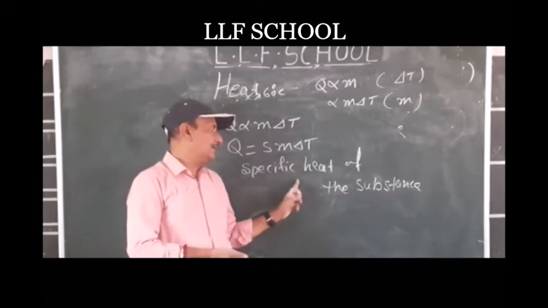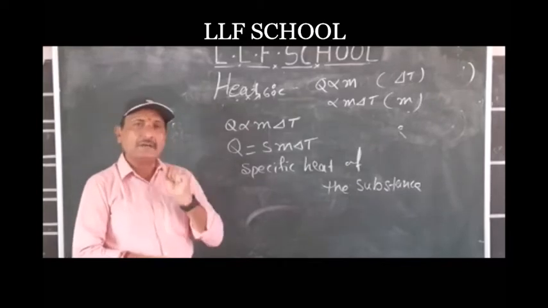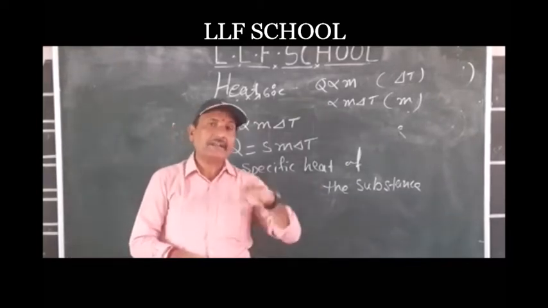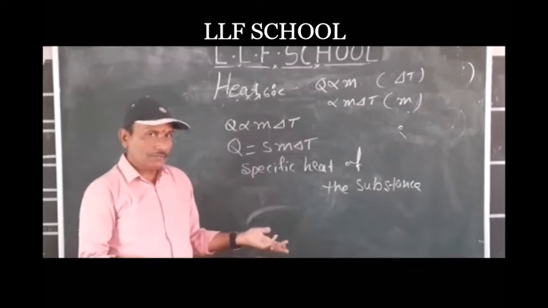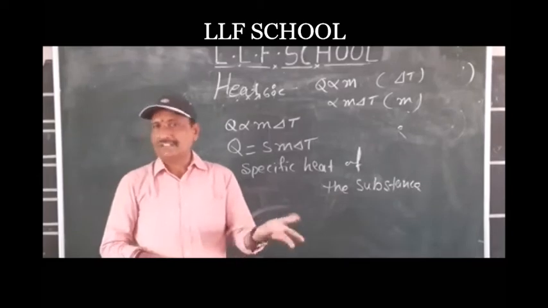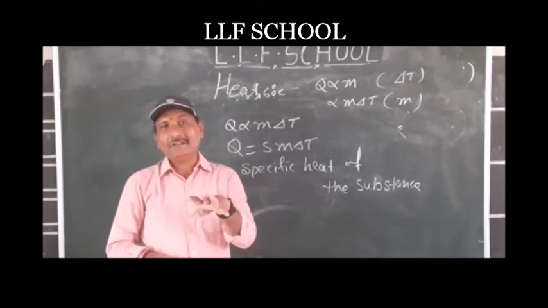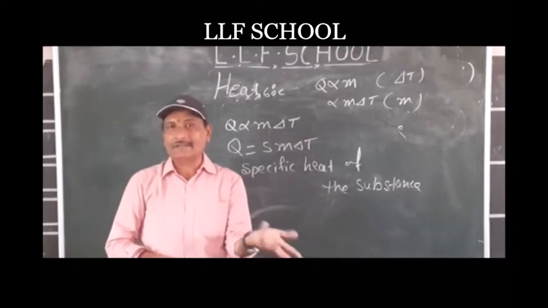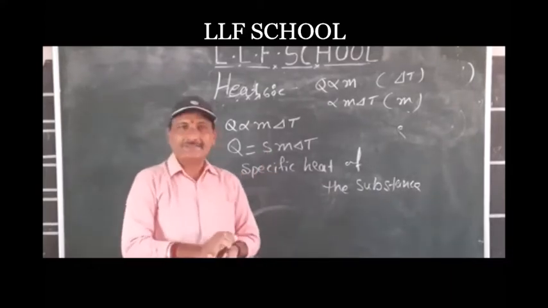It depends on the nature of the substance. Different substances absorb different quantities of heat to raise the temperature. In our cooking, we use different substances, such as rice, vegetables, leafy vegetables. They need different quantities of heat to cook. So it depends on the nature of the substance.